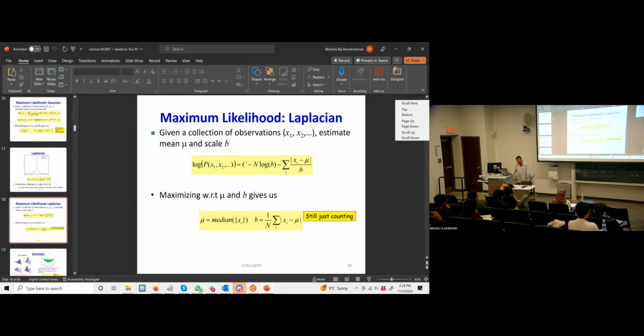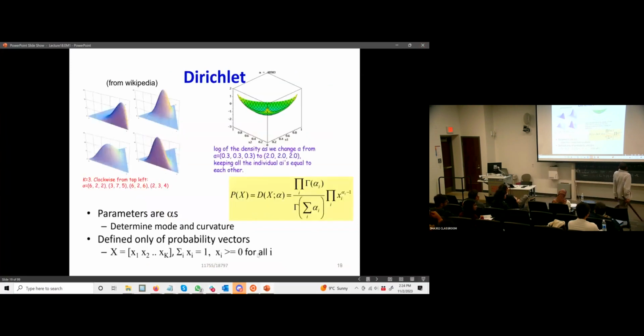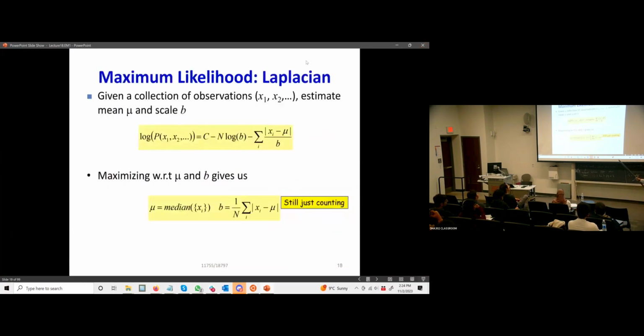Any other questions, guys? And so you have other more complicated distributions. Now, in all of these cases, the answer was obvious. The mean is the average.